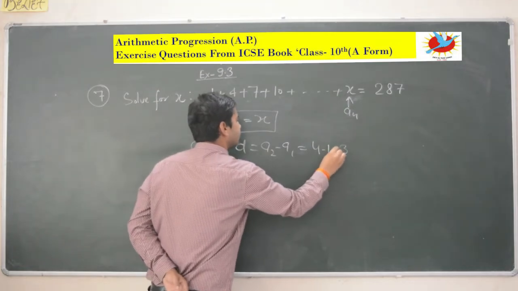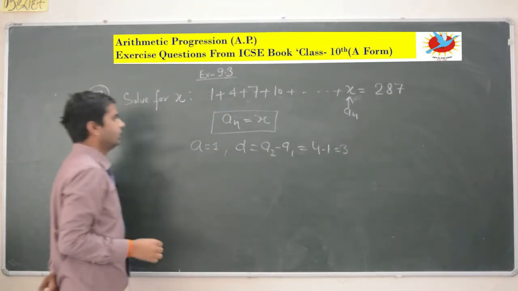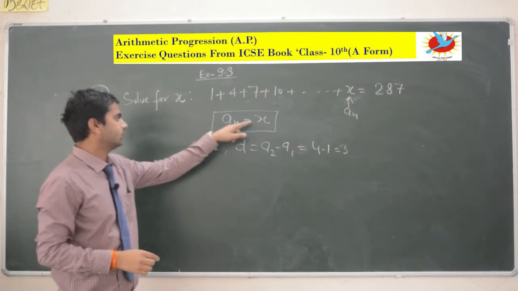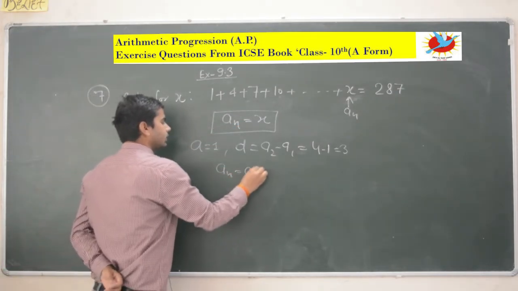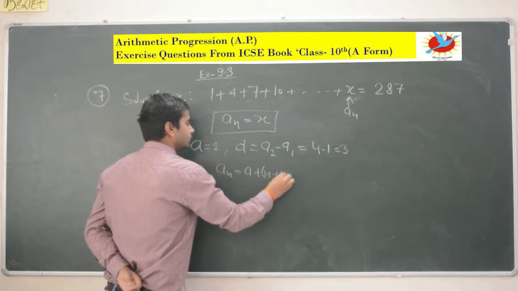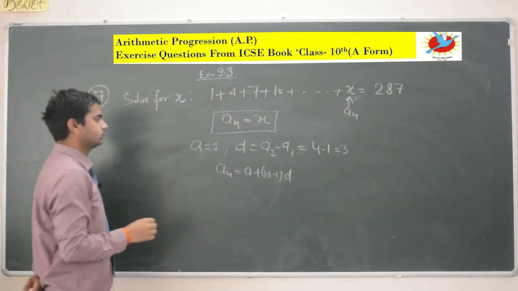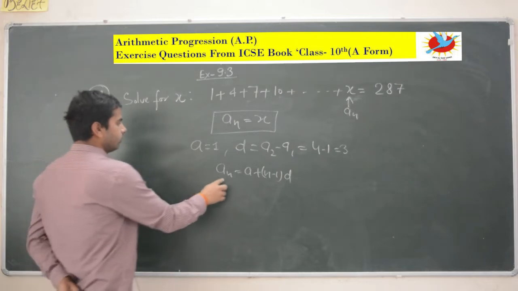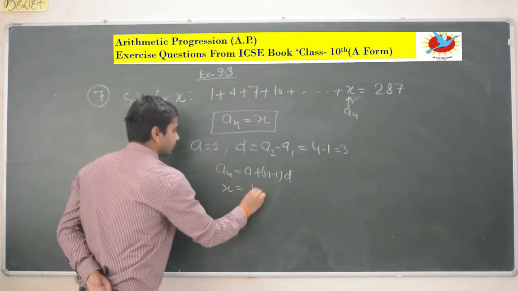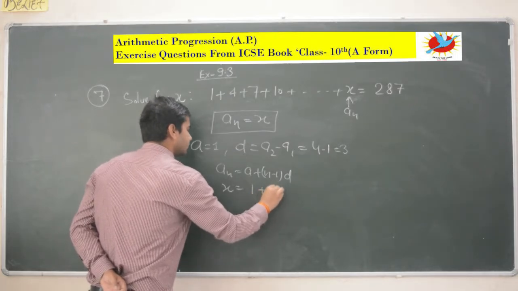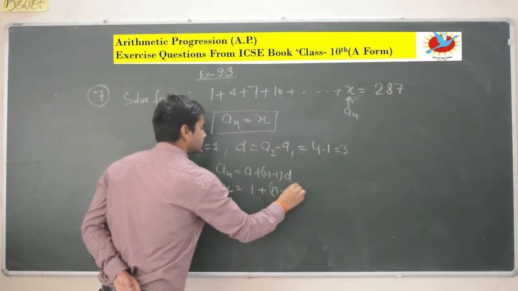So we have the value of d and the value of a, and we know the value of an as x. So an will be equal to a plus n minus 1 into d, from our nth term general formula. The value of an is x, so we can write x equal to a, which is 1, plus n minus 1 into d, d is 3.